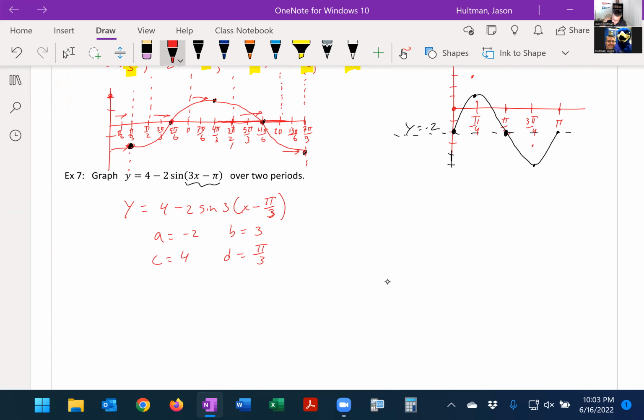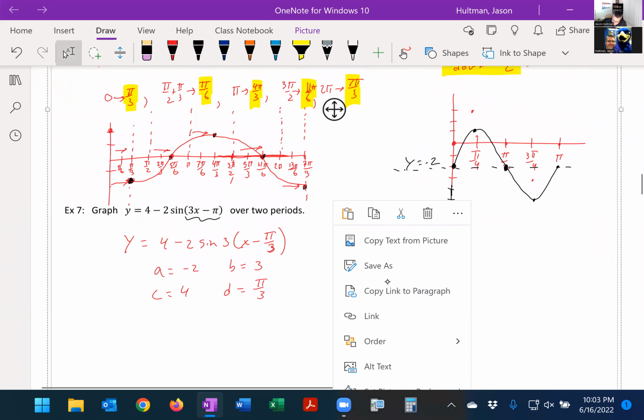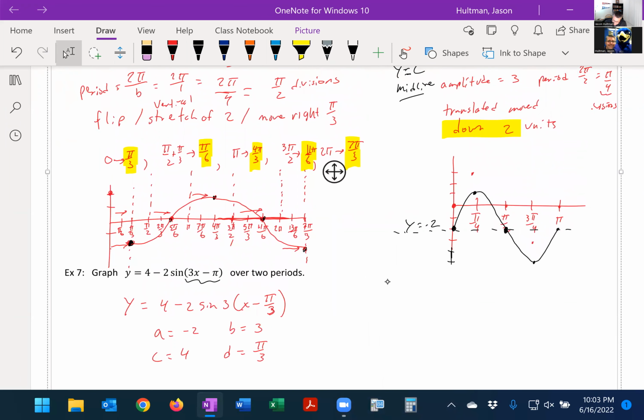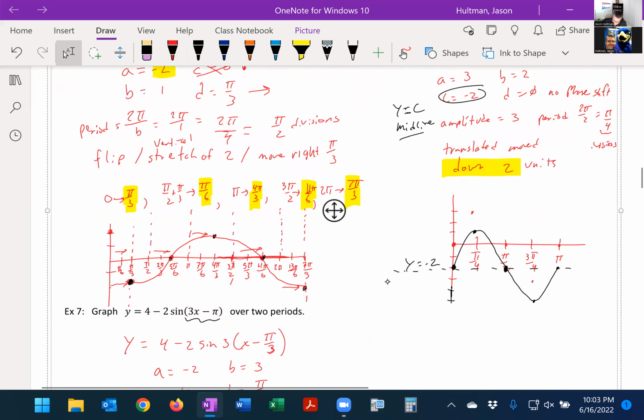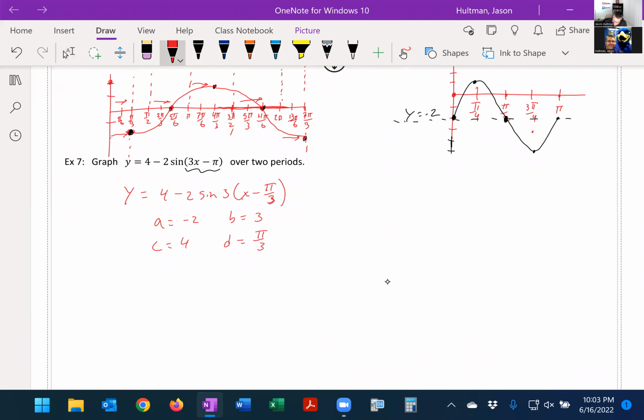Interesting. We've done the -2 before, with the first one. That -2 is a flip and a vertical stretch. The amplitude is 2, but there's a flip because it's -2.